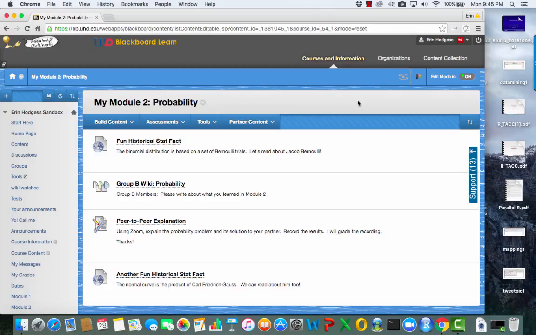And what I started doing in here, and again, I got these ideas from some of the other people where they talked about getting the virtual tours for the art museums and stuff. Now mine isn't quite as creative as all this, but when you talk about the binomial, it's actually based on something called a set of Bernoulli trials.